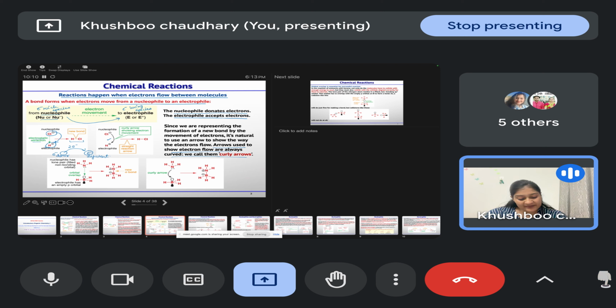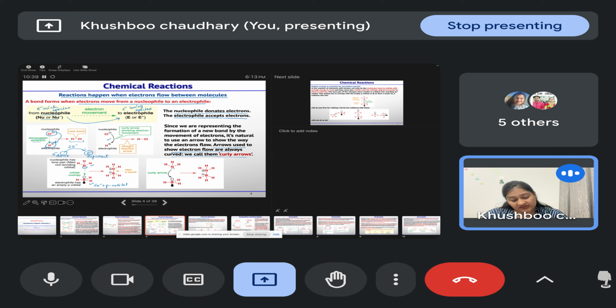Another example is if we have ammonia and we have borane. As we know, in ammonia, nitrogen and hydrogen both have a filled octet, and nitrogen contains a lone pair of electrons. In case of boron, boron has 6 electrons and an empty p orbital.